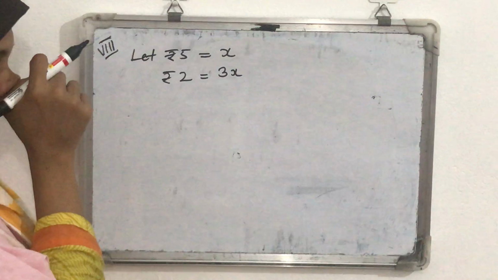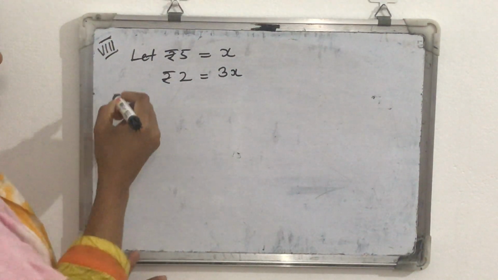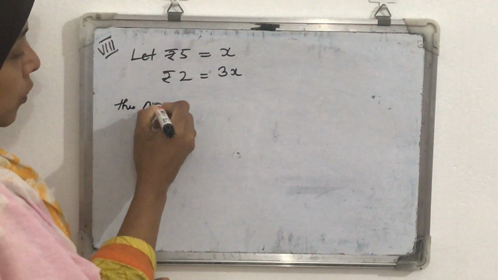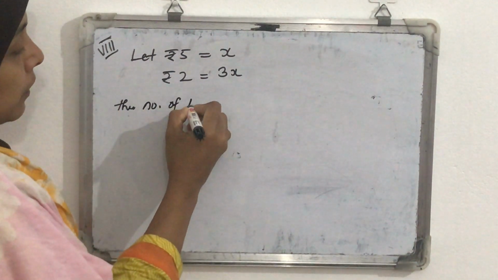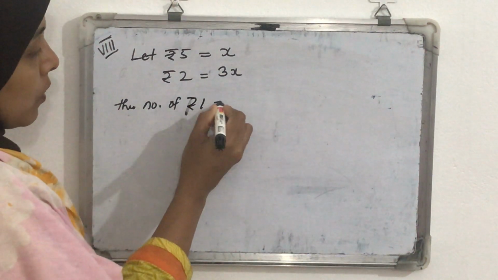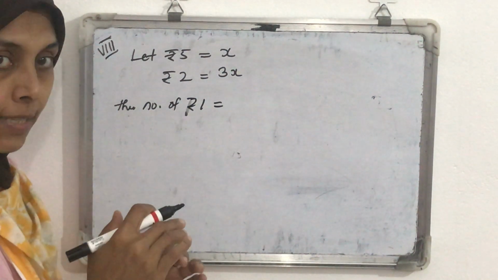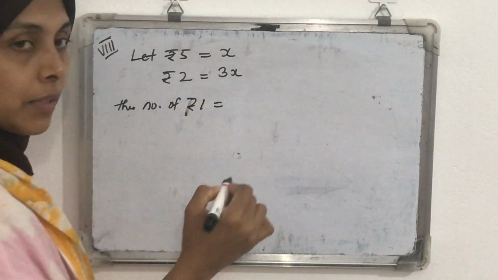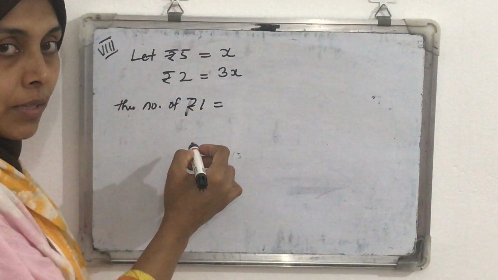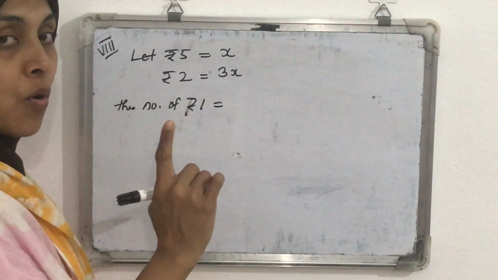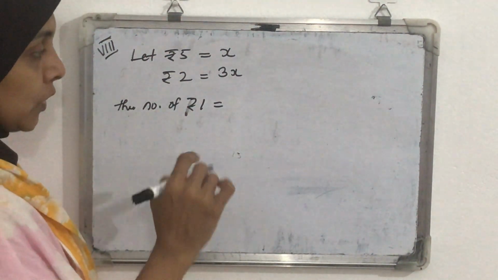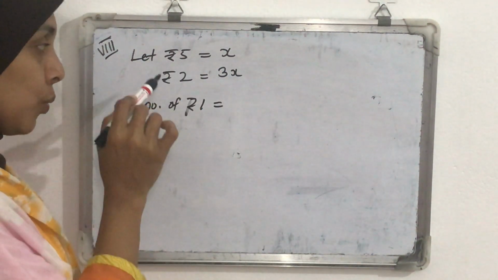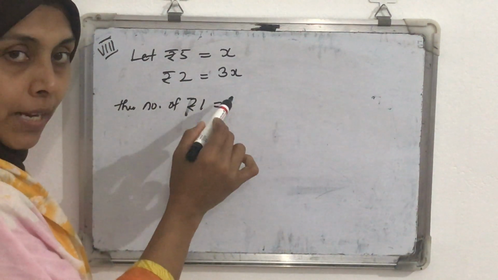So how can we take the number of 1 rupee coins? It equals the total 160 minus these two numbers. Is it clear? The total number of coins is 160. The number of 5 rupee coins is x, and the number of 2 rupee coins is 3x.